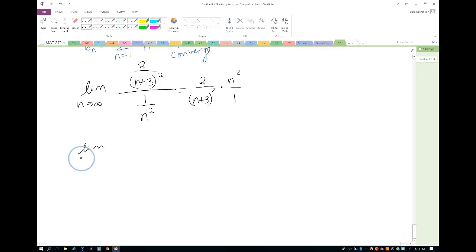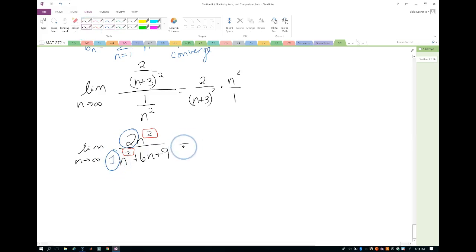And this limit will probably be a little bit easier to recognize if we multiply these together and also expand them. So in the top, I've got 2n squared. In the bottom, I've got n squared plus 6n plus 9. Now the limit as n approaches infinity, because these are polynomials, they've got matching degrees, so the limit is the ratio of the leading coefficients.